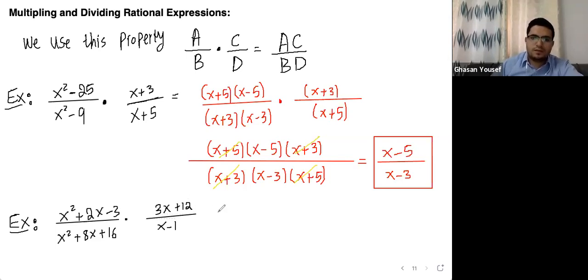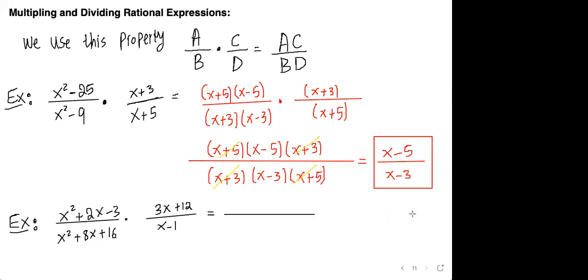Now, what's the factoring of the numerator and the denominator here? I have to look for two numbers whose product is minus 3 and whose sum is positive 2. What are the two numbers? It's 3 and negative 1.